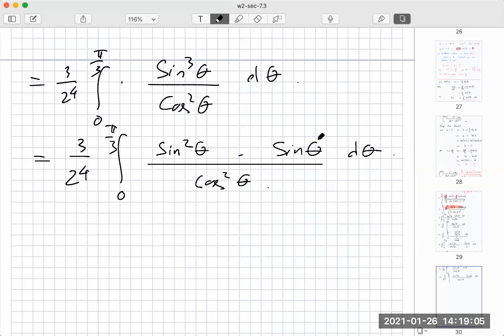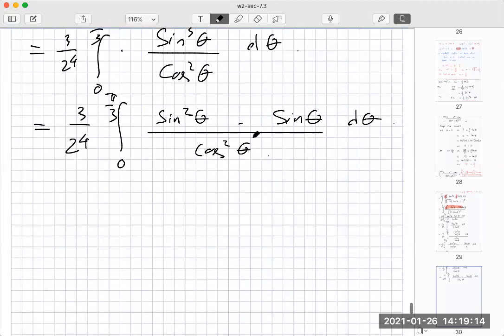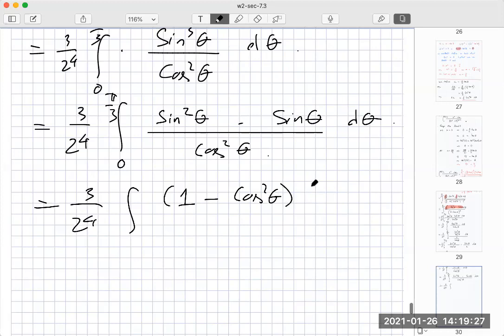It's not very tricky, right? But if we define u to be cosine theta here, then the derivative of this gives us minus sine theta d theta. And sine squared here, we can write as 1 minus cosine squared, times sine theta d theta, divided by cosine squared theta.